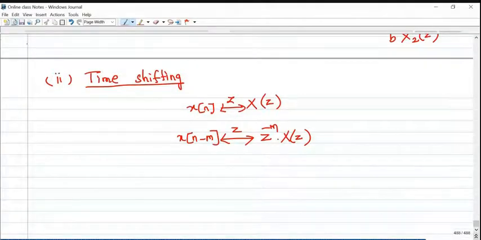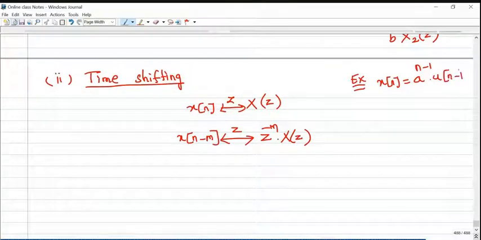So based on this, we can solve the problem also. Example, I'll give it parallelly. Find Z transform of a power n minus 1 into u of n minus 1. Nothing is mentioned, right? Using property or not using property, nothing mentioned.